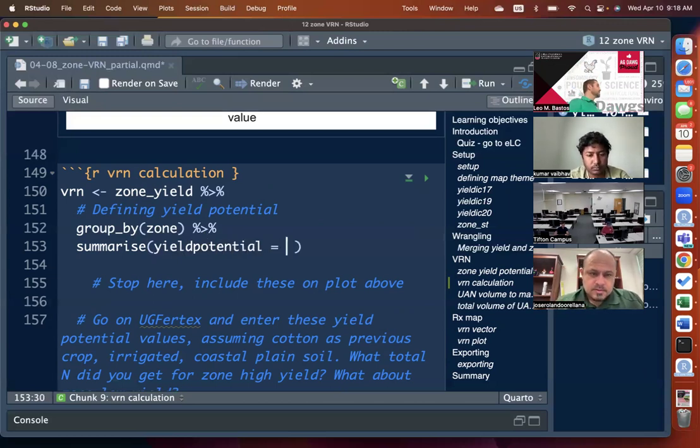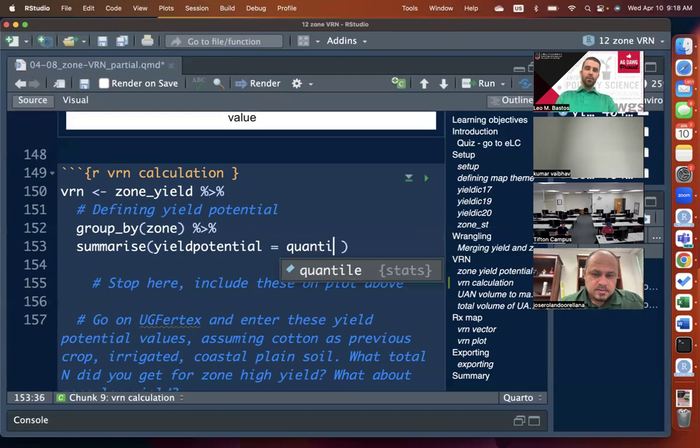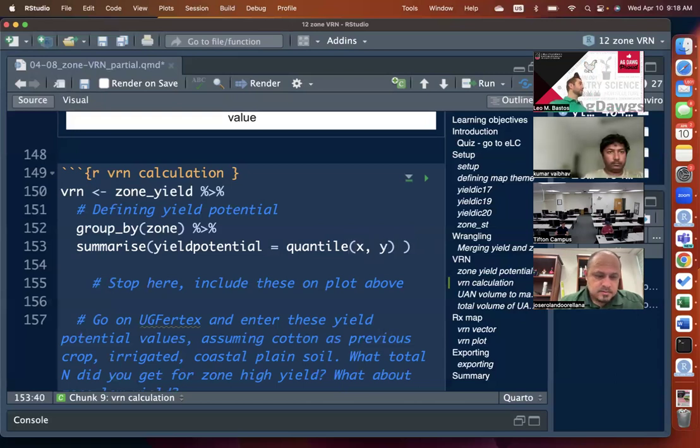We're going to use the function called quantile, which is a function in base R. The way this function works is you give it X and Y. X is the name of the column that I want to extract the quantile of, and Y is what that quantile is. Just to refresh our heads, what is a quantile?